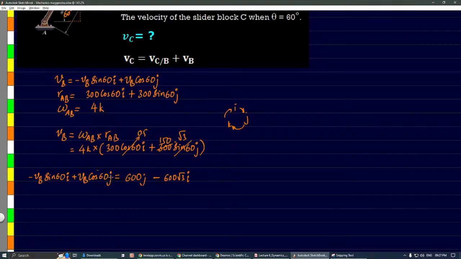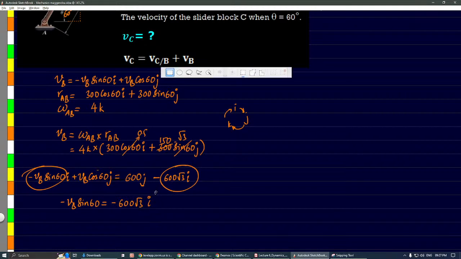Compare the coefficient of I with I, and J with J. So the I component we have is minus VB sine 60 equal to minus 600 root 3. J will be gone because we are comparing coefficients of I. Sine 60 is root 3 by 2, the 3 will cancel, this 2 will come in the numerator, and this minus becomes plus. So VB equals this 1200 now.